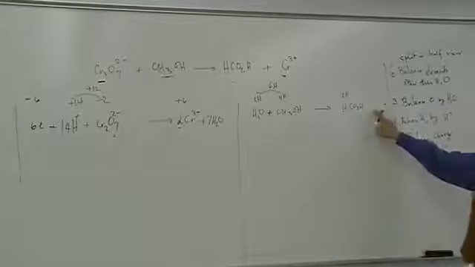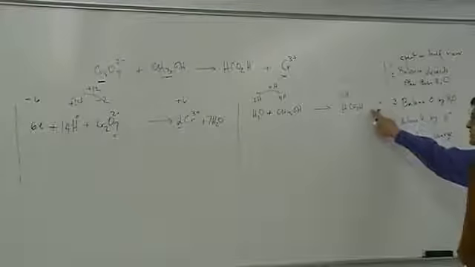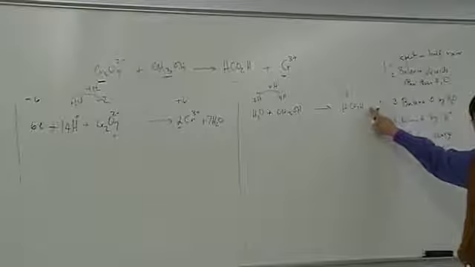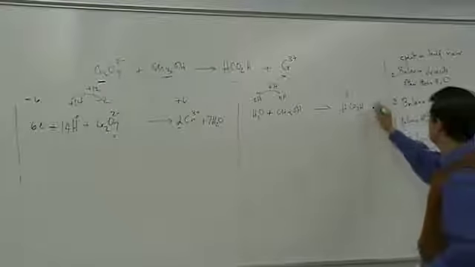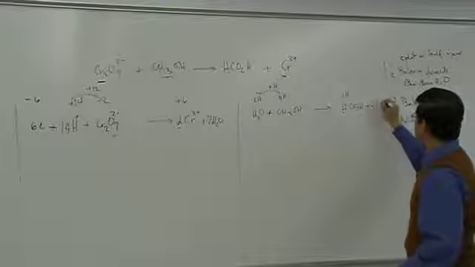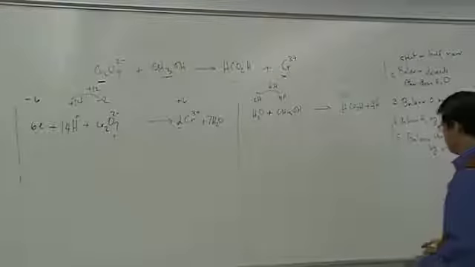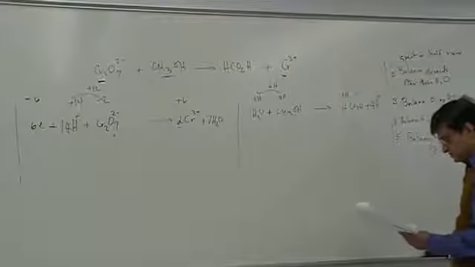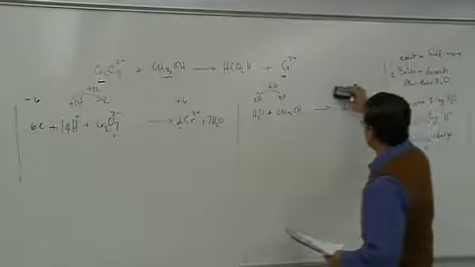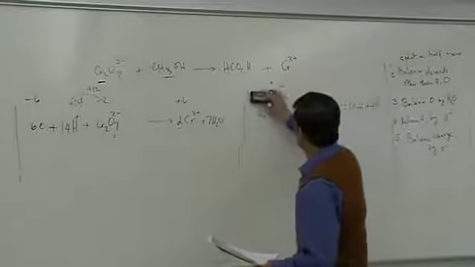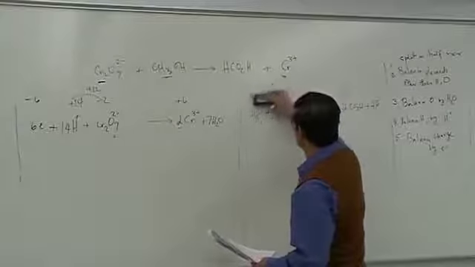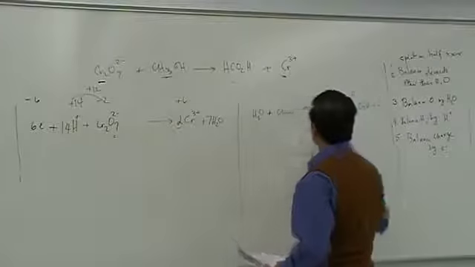So I must add 4 hydrogen on the right hand side. And you cannot just add hydrogen, it has to be H+. So it will be 4H+, and that is going to take care of hydrogen. Let's now erase these, not to confuse you.